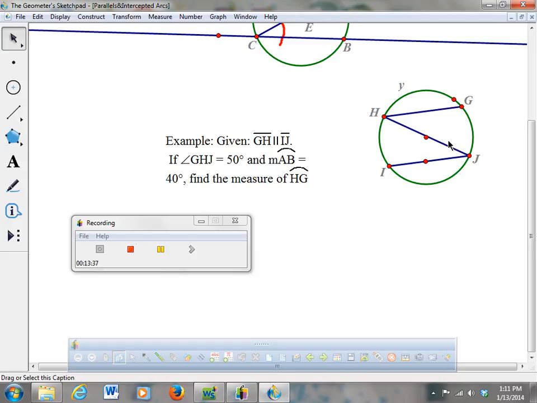Where's AB? I don't even see an AB. Find the measure of HG. Where's HG? I think AB is like HI to GH. I don't know. But this is congruent to this. Anyway, it was an example I tried to make up.